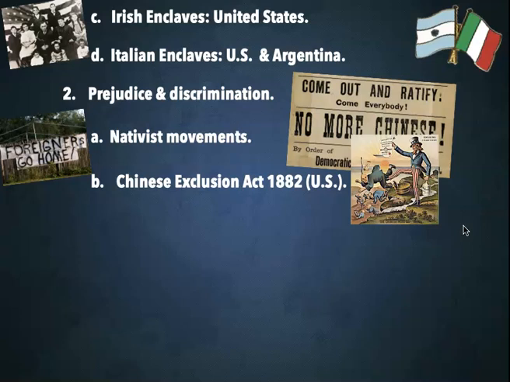Before they change. Here in the United States, you got the example up there on the slide, the Exclusion Act. The U.S. government completely shuts down all immigration coming from China.